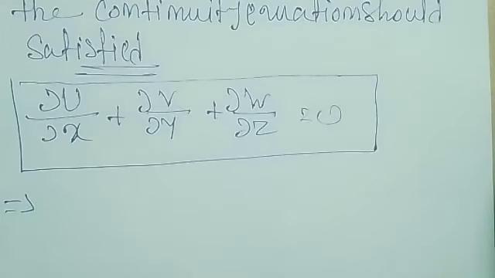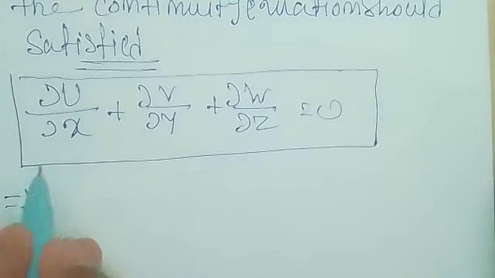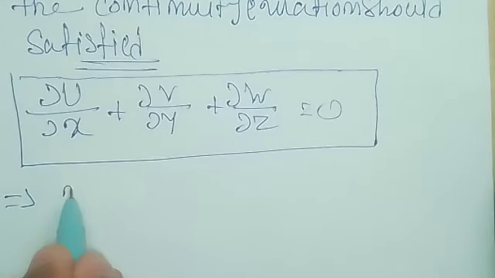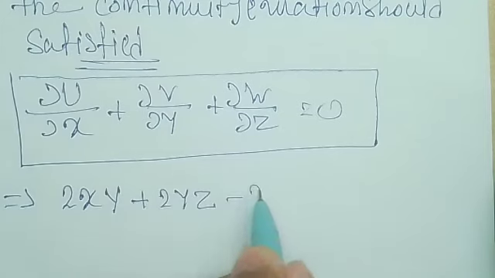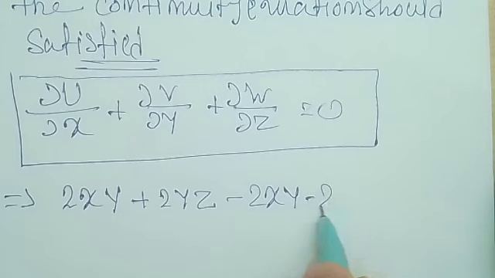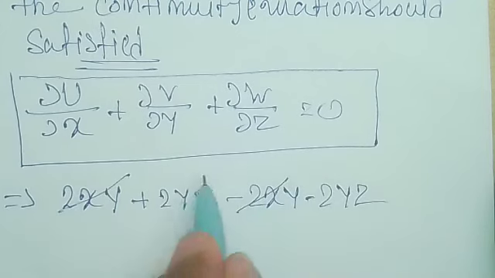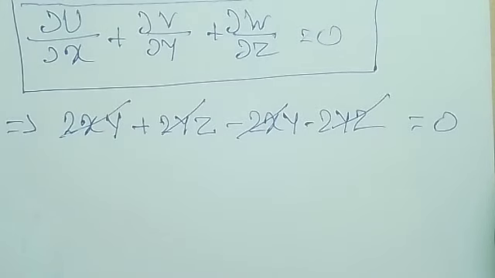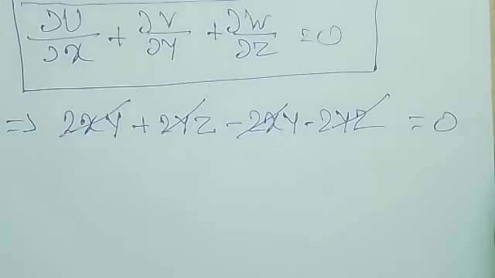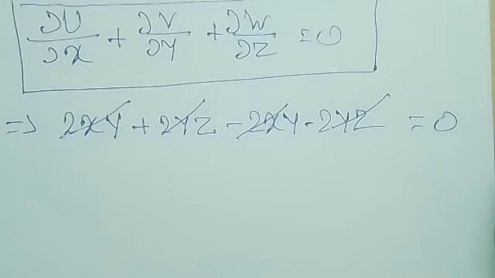So we can substitute: 2xy plus 2yz minus 2xy minus 2yz, right? So 2xy minus 2xy gets cancelled, this gets cancelled, and it is equal to 0. It means that whatever velocity profile is given, it is a possible case of fluid flow.